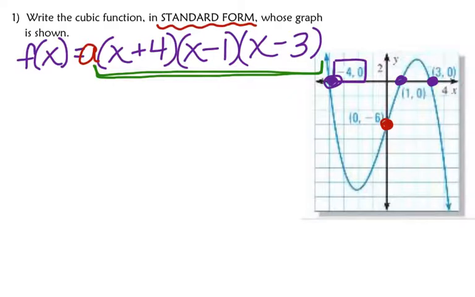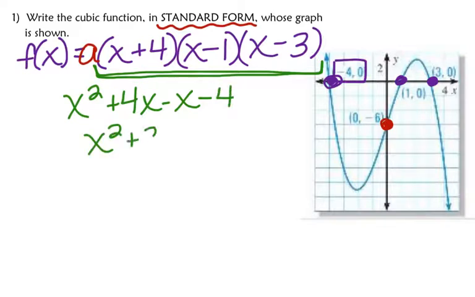So I'll take the x plus 4 and the x minus 1, and you would get x squared plus 4x minus x minus 4. Combine like terms, x squared plus 3x minus 4. So that came from those first two factors right there.